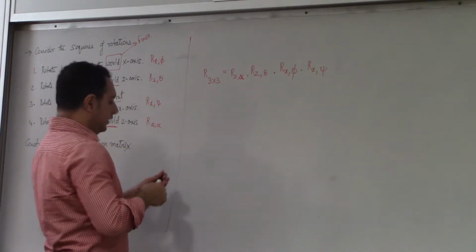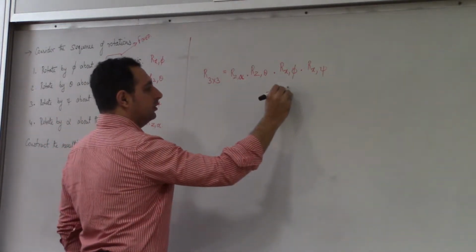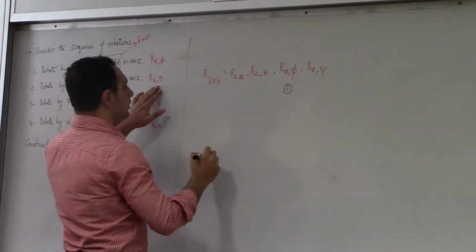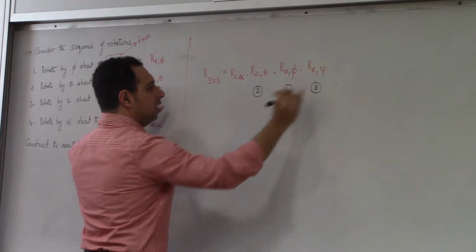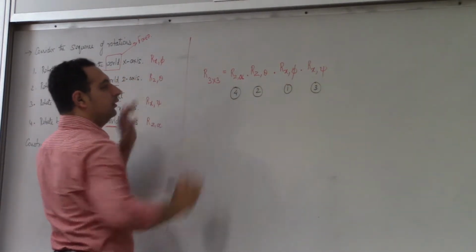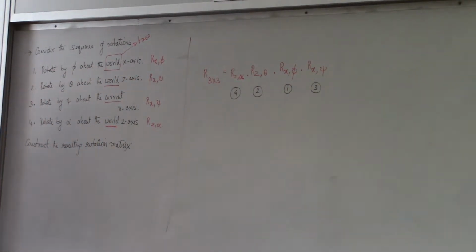So we started with this. This is your first rotation. The second one was Z theta. This was your third rotation. And this was your fourth. Okay. That is your composite rotation matrix.